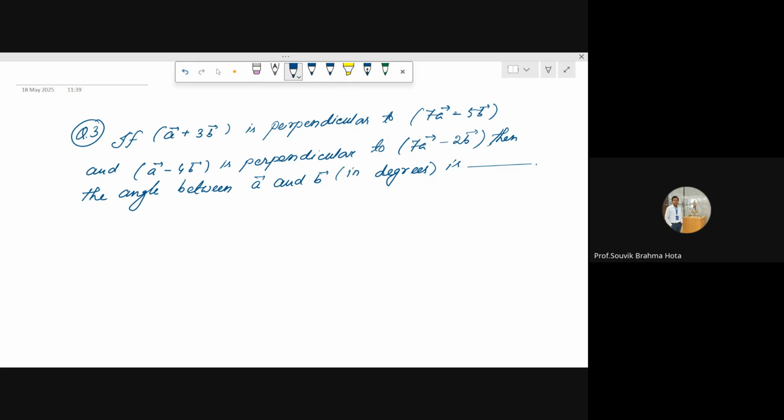If a plus 3b is perpendicular to 7a minus 5b, and a minus 4b is perpendicular to 7a minus 2b, that means this vector is perpendicular to this, and this vector is perpendicular to this. Then find the angle between a and b. Very interesting problem.